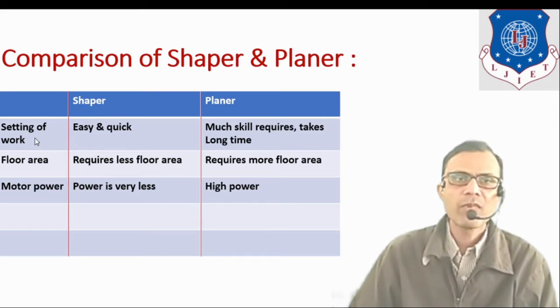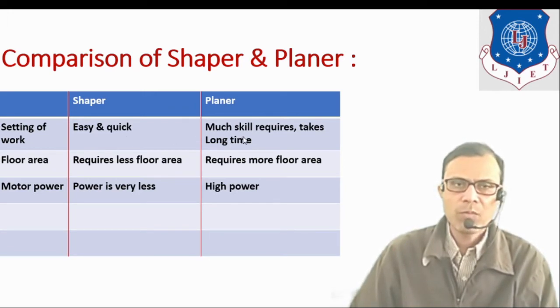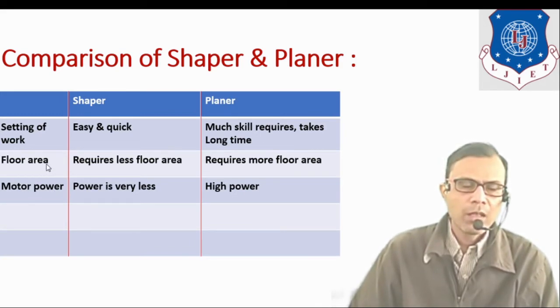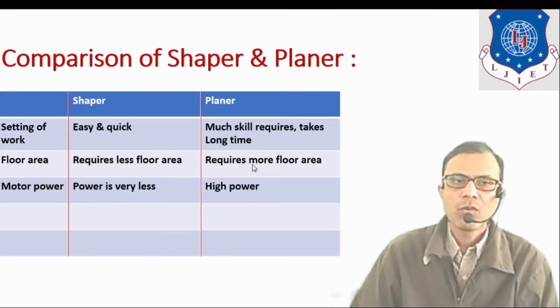In the case of the shaper machine, it is easy and quick to set the workpiece, but in the case of the planer machine, much skill is required to set or adjust the workpiece on the table, and it takes longer time. Next point is floor area. The shaper machine requires less floor area, but the planer machine comparatively requires more floor area.